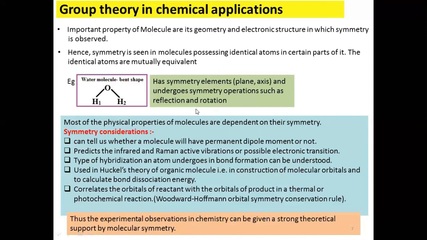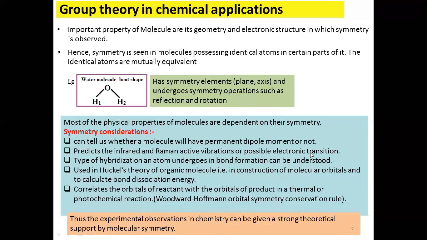So by using that, we can find various applications in chemistry using symmetry. By considering this symmetry, we can tell whether a molecule will have a permanent dipole moment or not. And it also predicts the infrared and Raman active vibrations or the possible electronic vibrations in a molecule without going for any instrumentation.